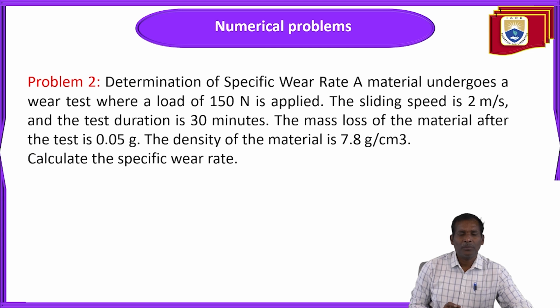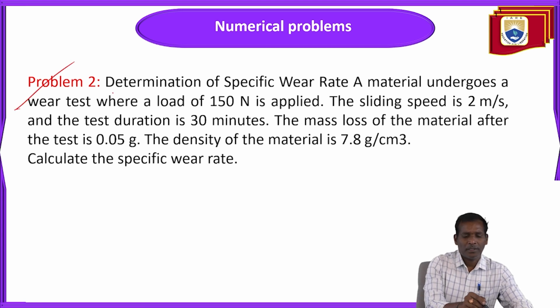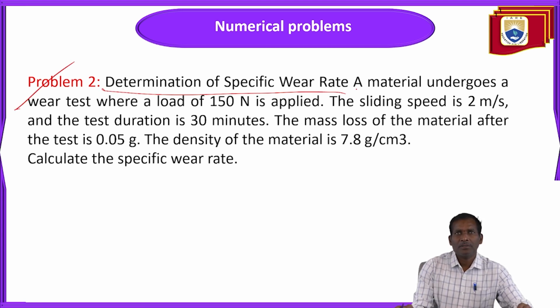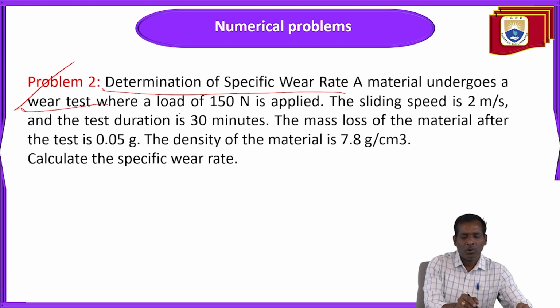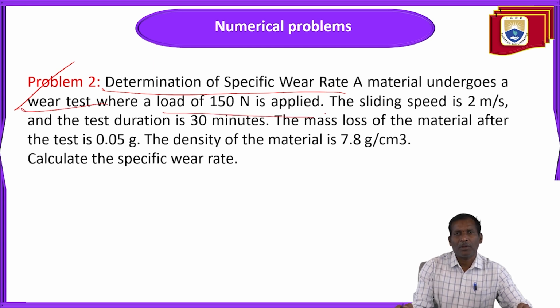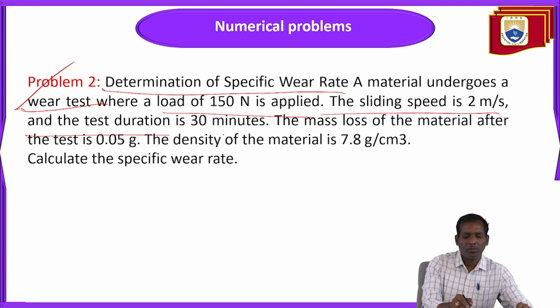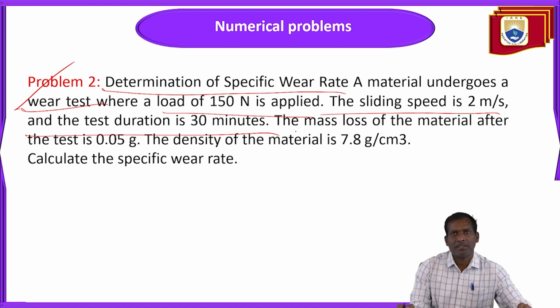So next problem, the determination of specific wear rate. A material undergoes a wear test. The load of 150 newtons is applied. The sliding speed is 2 meters per second and the test duration is 30 minutes.